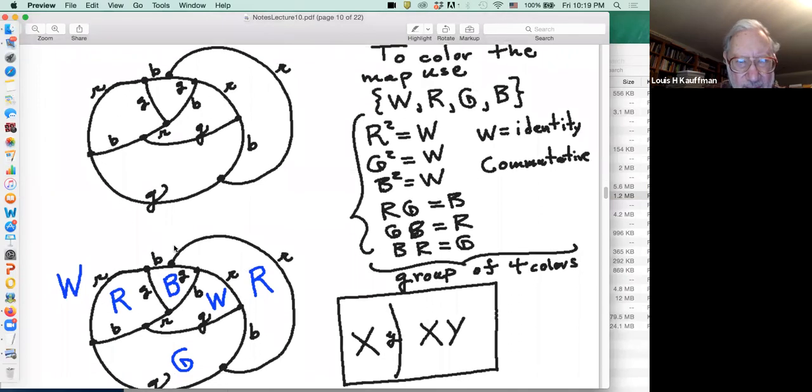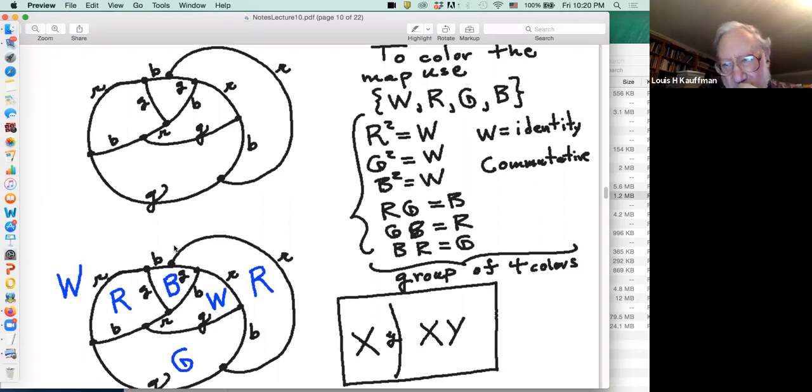So this slide is showing you that. What I do is I take the 4 colors to denote the Klein 4 group, in other words, the direct sum of the group Z2 with itself, or the direct product of Z2 with itself. That group has 4 elements. I call them white, red, green, and blue, and white is the identity element.